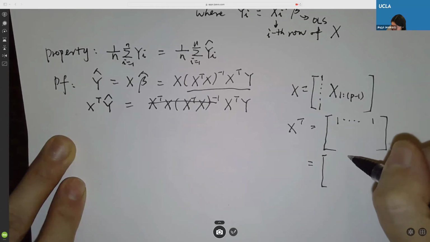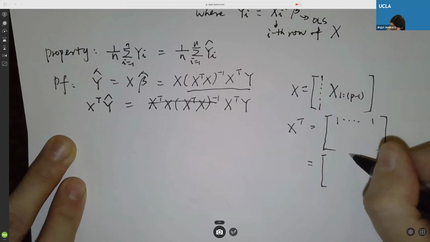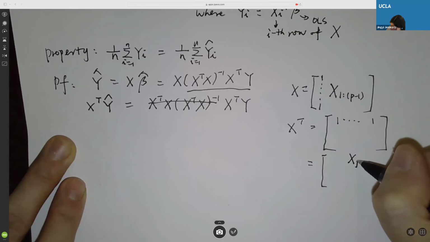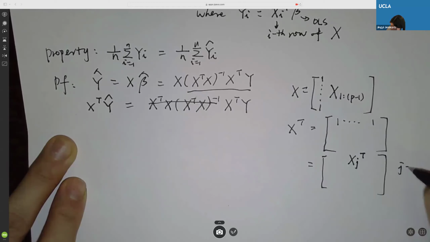I'm thinking about notation because I use xi transpose here already. I'll just say xj transpose here, and j goes from 0, 1 to p minus 1.